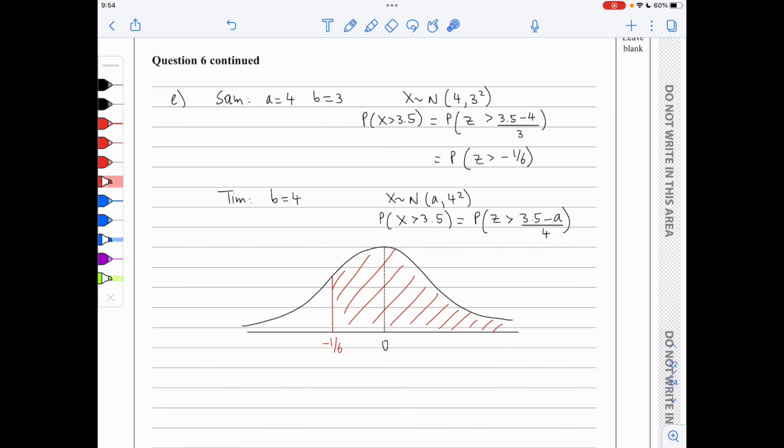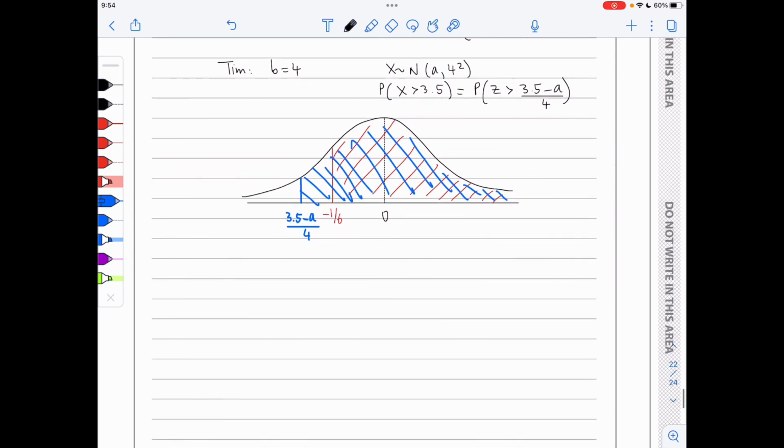Well, Tim will win if and only if they get a value here for 3.5 minus A over 4 which is to the left of minus 1 over 6. So this should be the 3.5 minus A over 4, because in that case the probability will exceed Sam's probability, and therefore Tim will be the winner.